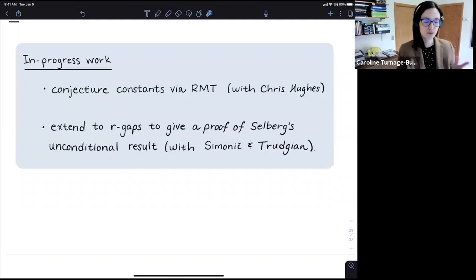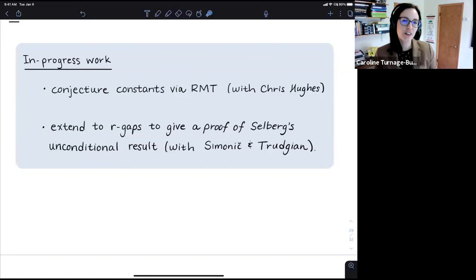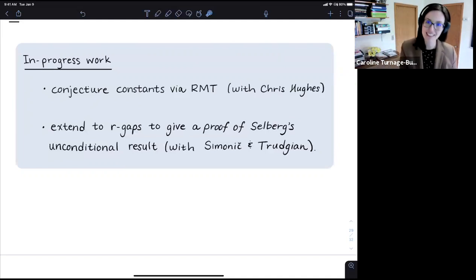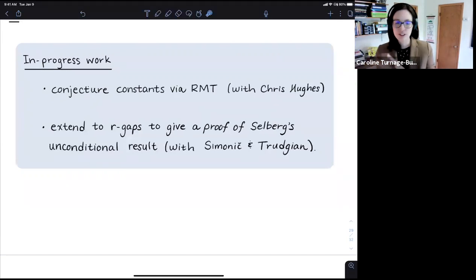So I did this for Dedekind zeta functions of imaginary quadratic fields and learned the ropes, so to speak. But if you've got an imprimitive L function, so if the zeta function is lurking in there, then the small gap result is just going to come down to what you can say about the zeta function, right? For large gaps, you can do this even if the L function is imprimitive.